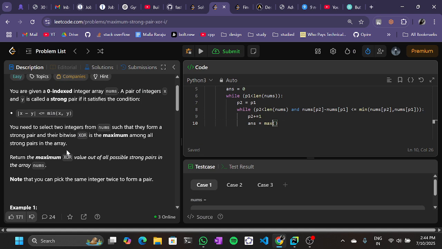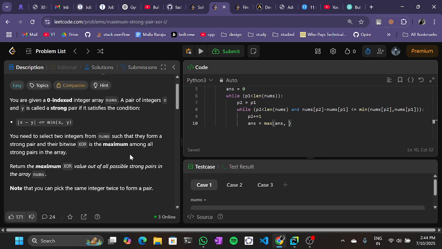We have to return the maximum XOR, right? So how do we XOR now?